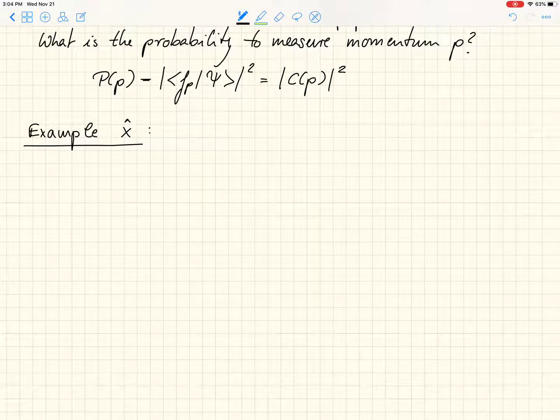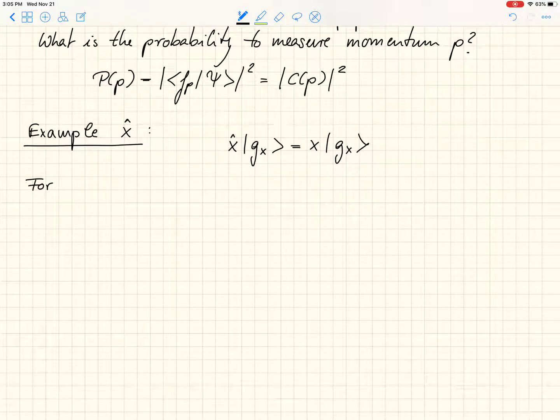The eigenvalue equation for x is, we're looking for some function that I denote here by g_x, that is equal to x times g of x. So that's the eigenvalue equation. And we'll work backwards for this example. So what do we know?